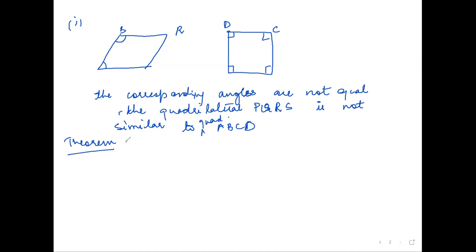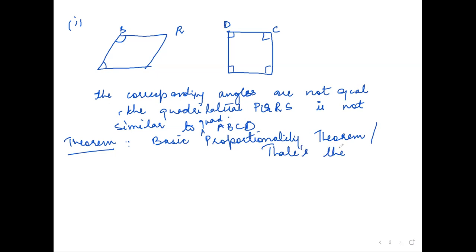So write down the statement, then we will prove. The name of the theorem is the basic proportionality theorem. It is also called Thales theorem. So the statement is this, then I'll explain.